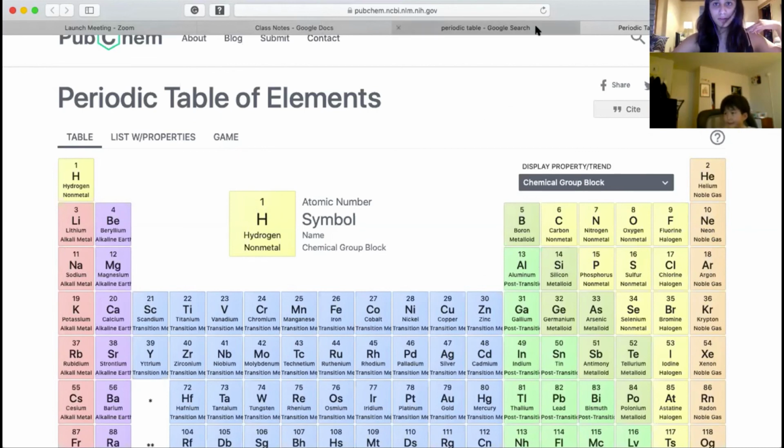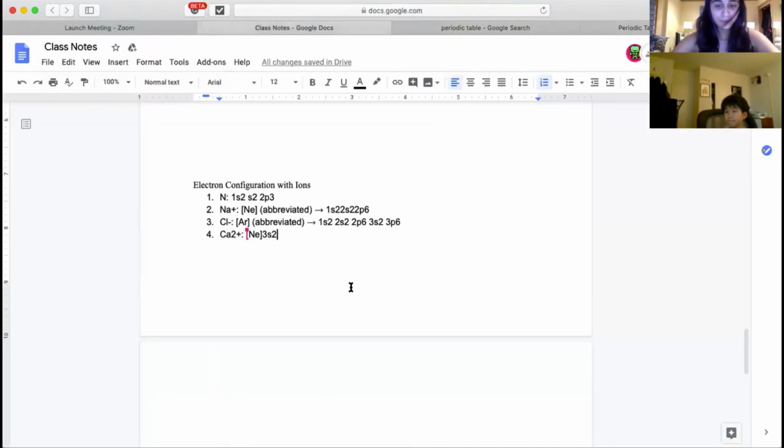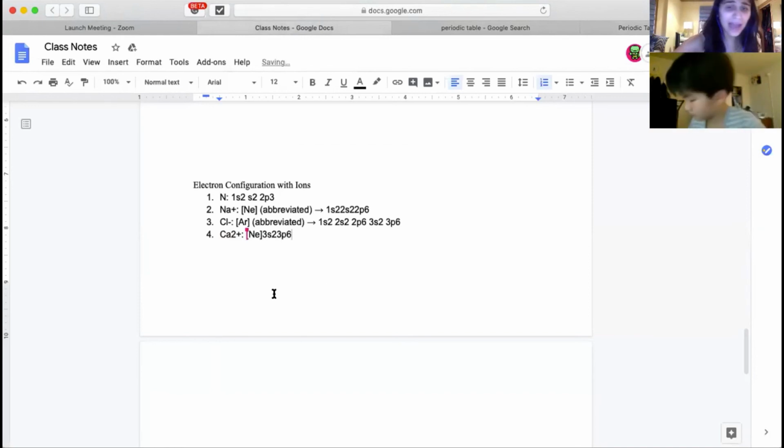So 3p6, and then that would be calcium 2+. Yep. So it's essentially just this, but scientists said that this doesn't tell you anything. So we have to write this.